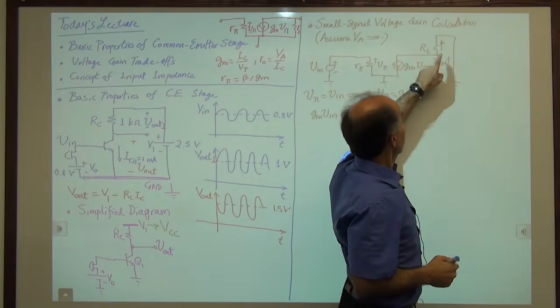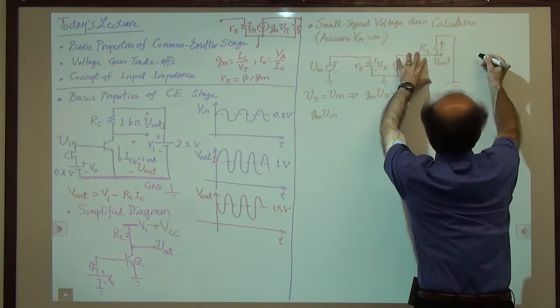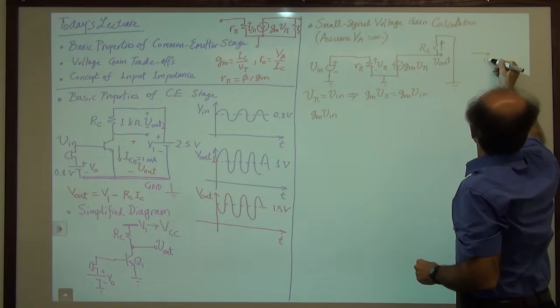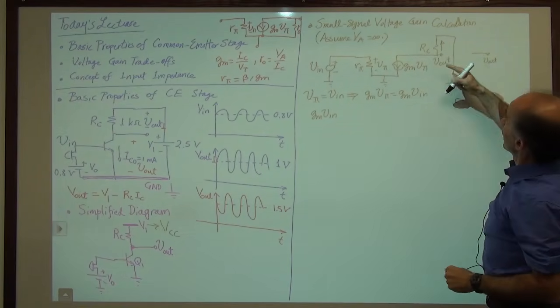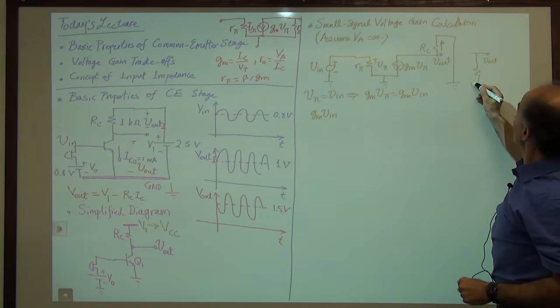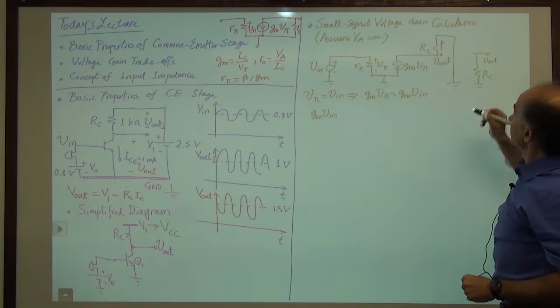So we can see that this RC, I can draw it like this, you see. I'll just draw this part. Here's Vout, and RC starts from here and goes to ground. So I'll just draw it like this, right? Why don't I have to twist it around?